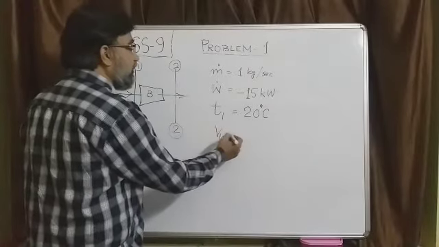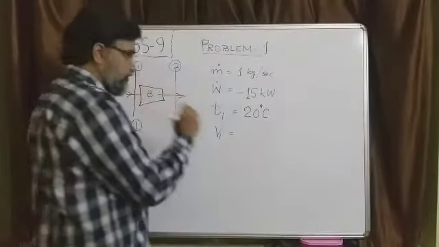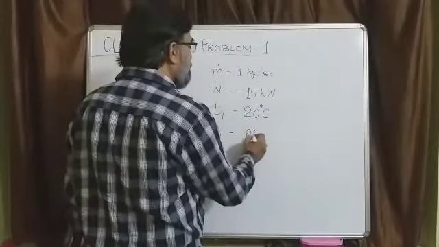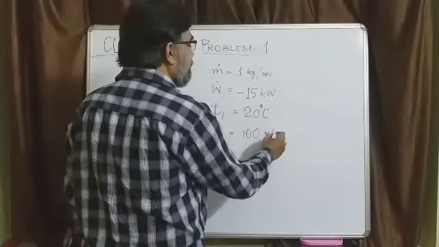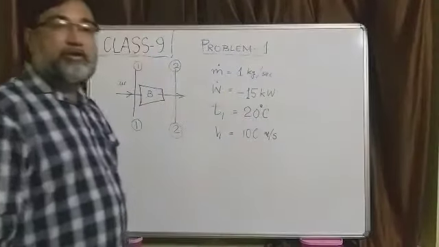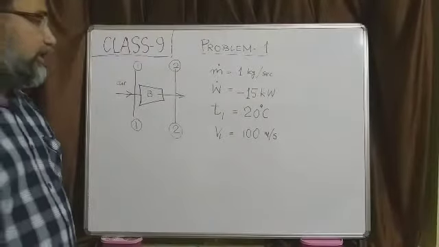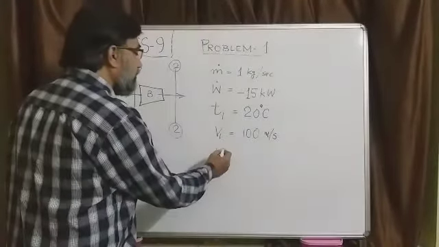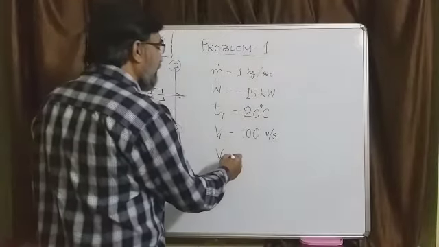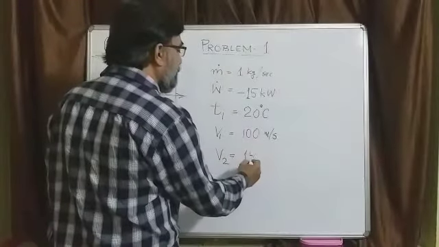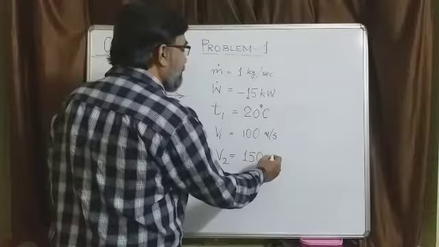Velocity at the entry is 100 meter per second, and velocity at the exit is 150 meter per second.